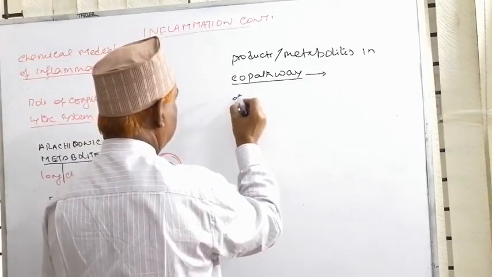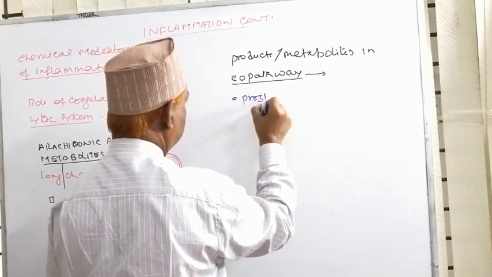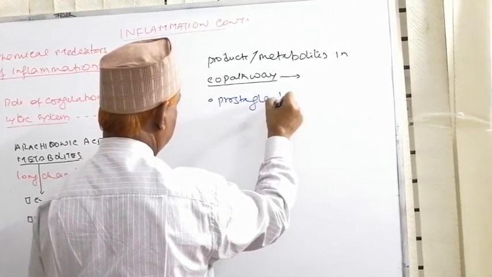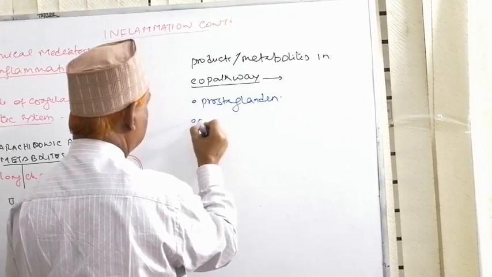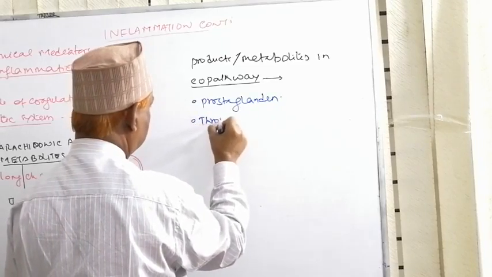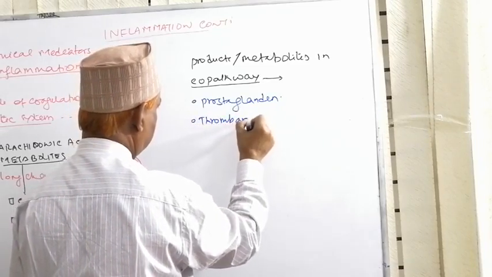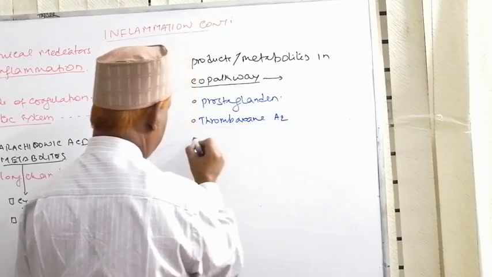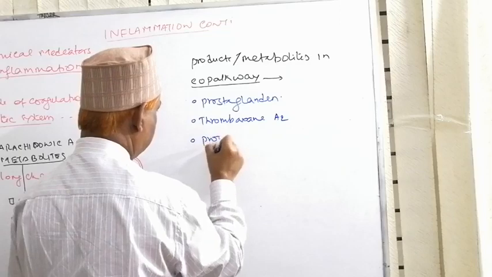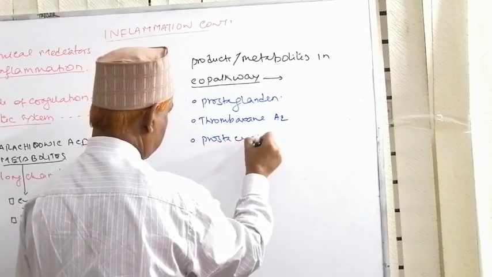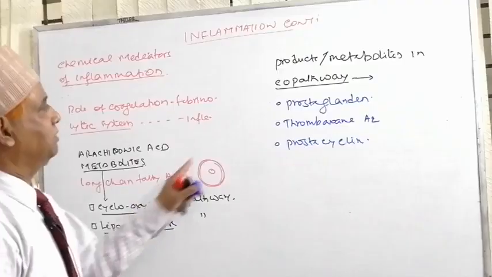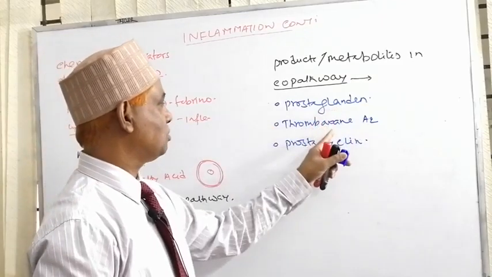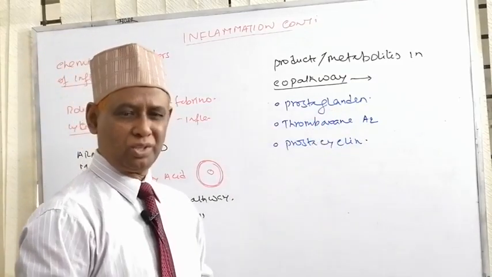One is prostaglandin, another is thromboxane A2, another is prostacyclin. So the metabolites are prostaglandin, thromboxane A2 and prostacyclin.